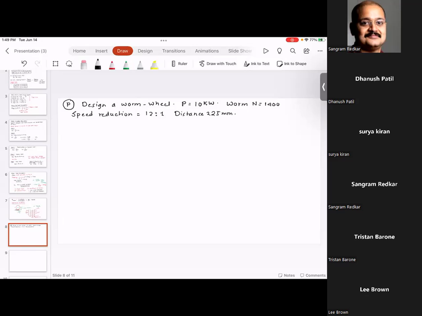So at this point, we can actually work out this problem. And pressure angle, let's assume the pressure angle to be 20 degrees.